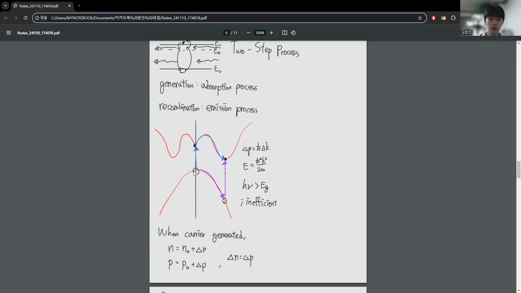One electron is generated in this state and moves to a lower energy state, and the other electron moves to the conduction band, the same state, and this is generation.